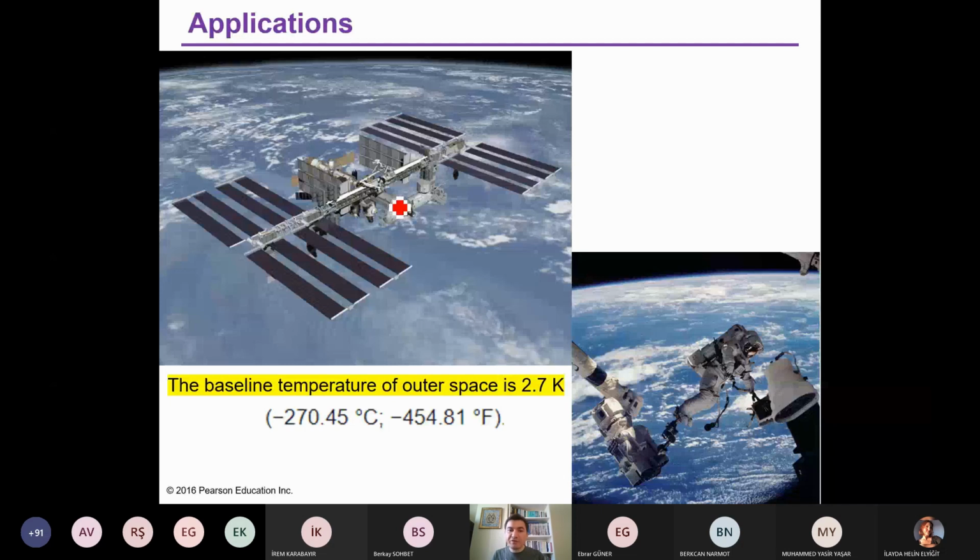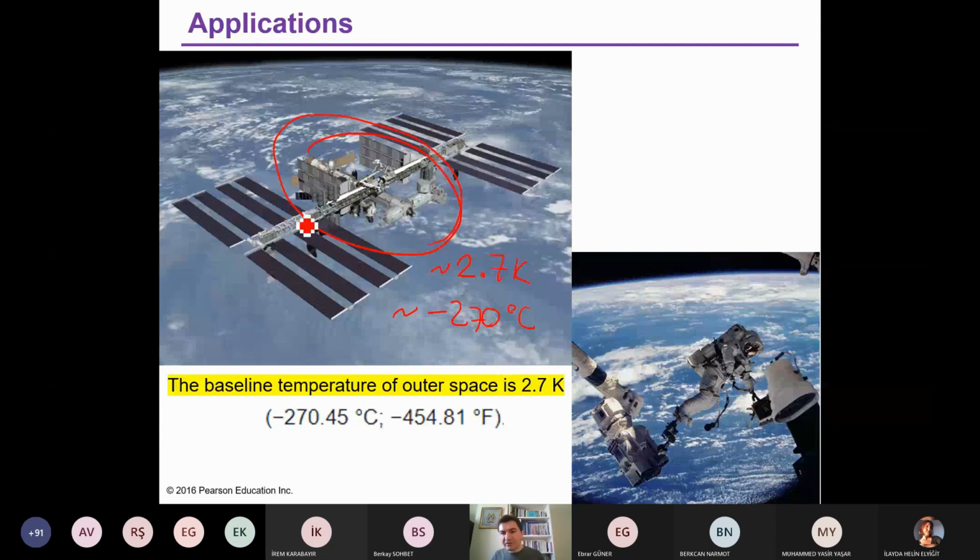The baseline temperature of outer space is around 2.7 Kelvin. We are talking about minus 270 degrees Celsius. So how to provide living conditions within this one? You need thermal insulation.